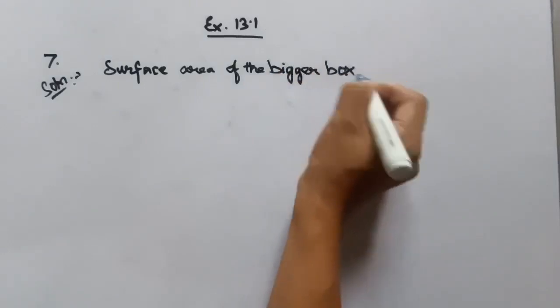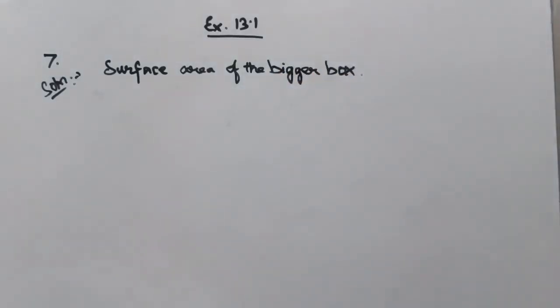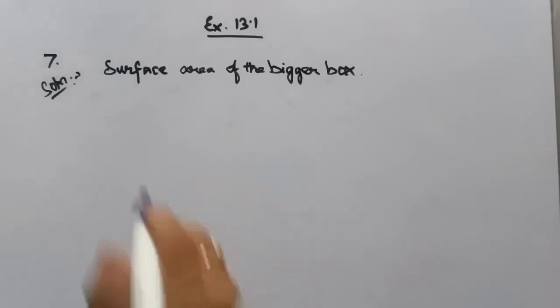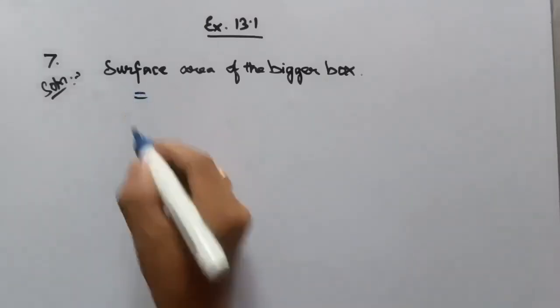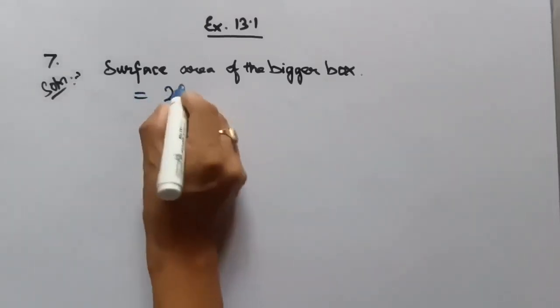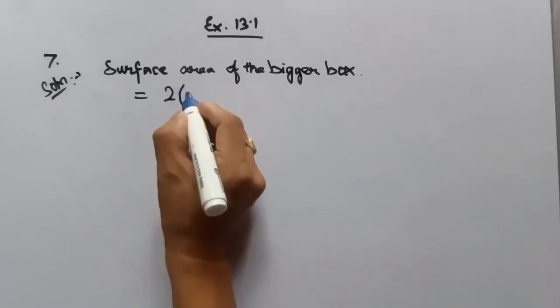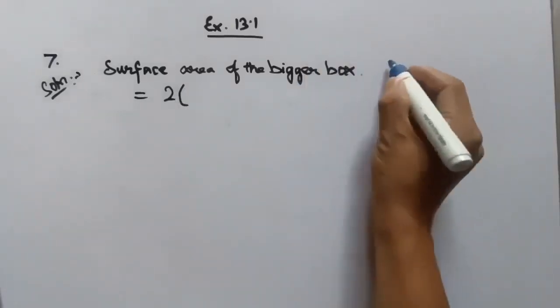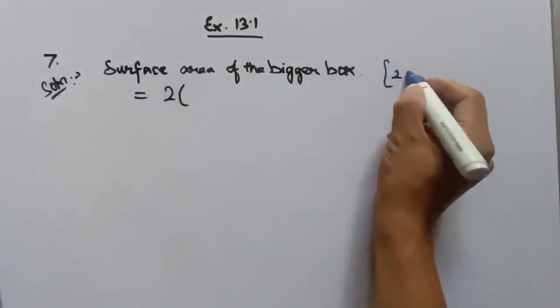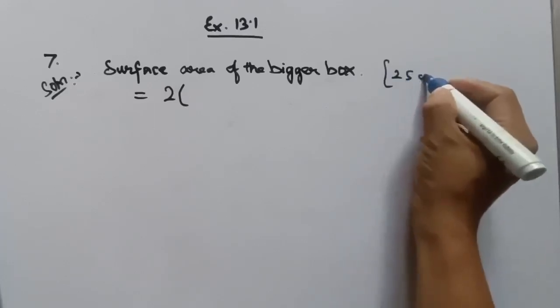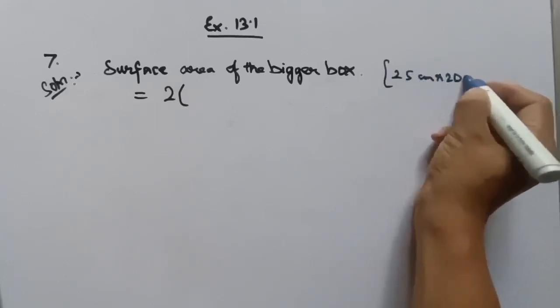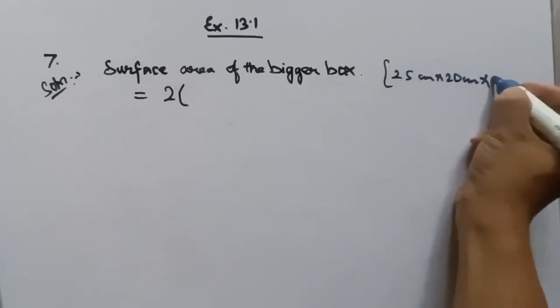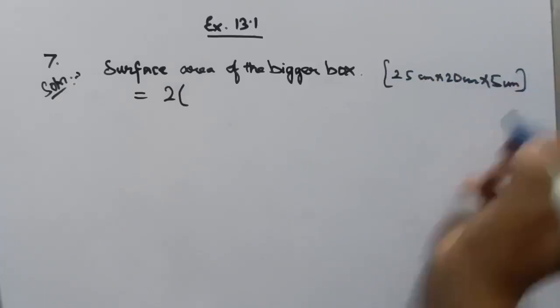The box is in the shape of cuboid, so we'll use the formula for the surface area of the cuboid, that is 2 times length into breadth. The dimension of the bigger box is 25 centimeter into 20 centimeter into 5 centimeter.